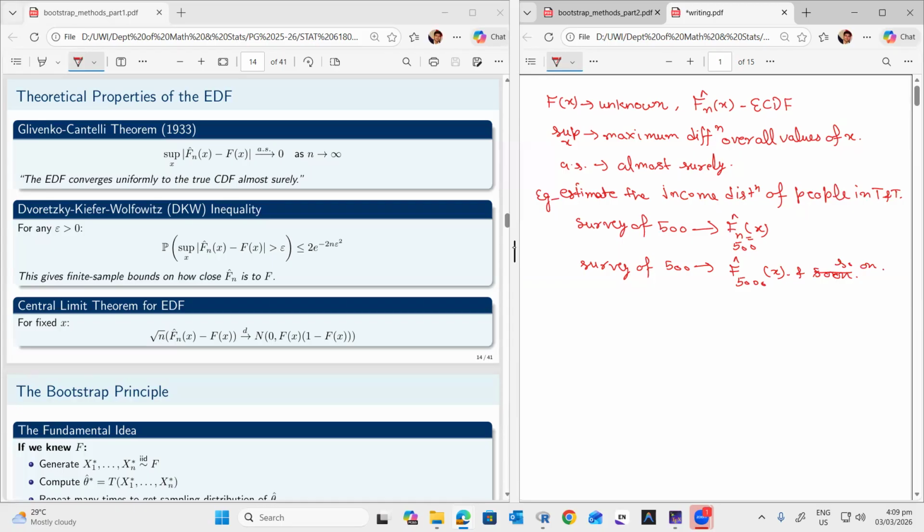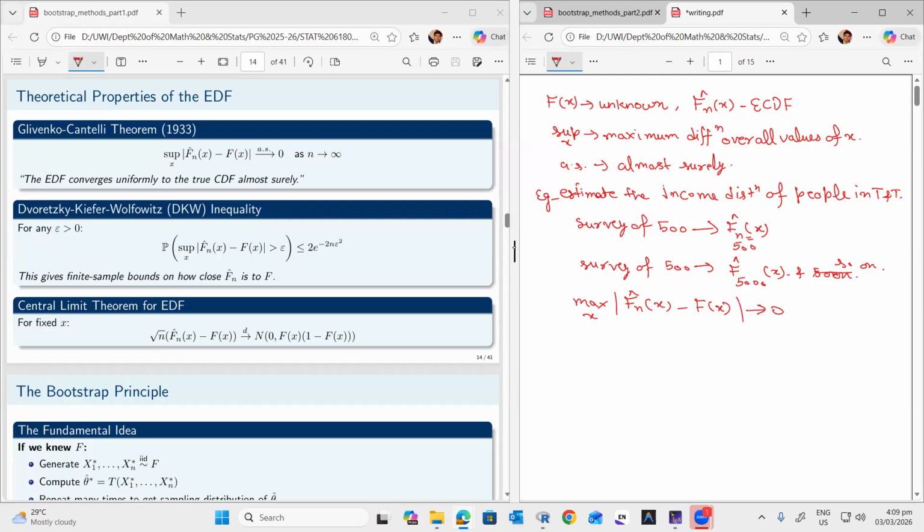So what happens as sample size increases? The maximum absolute difference between the empirical CDF and the population CDF over values of x tends to 0.